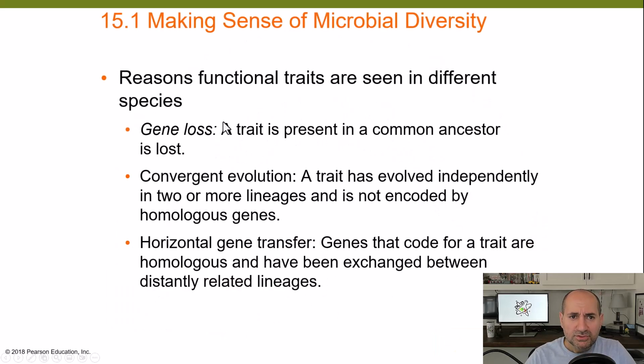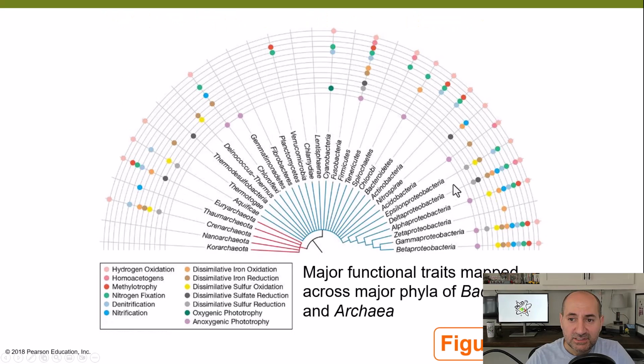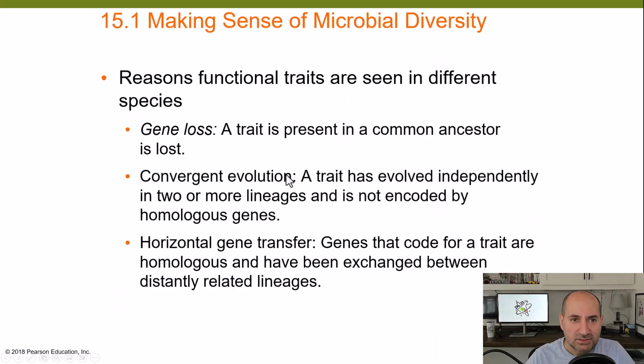Now, what are some reasons behind having functional traits in different species and different phyla? You see how different phyla may have some of the same functionality? What is the reason for this?